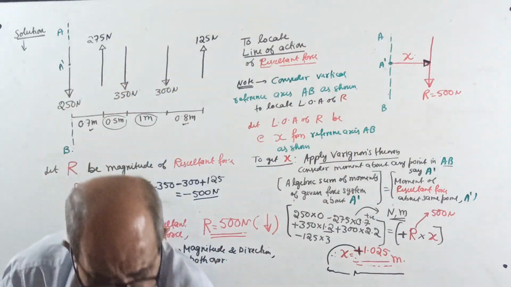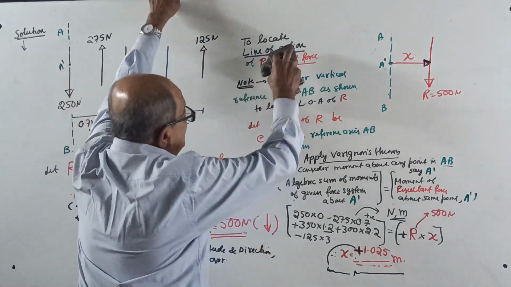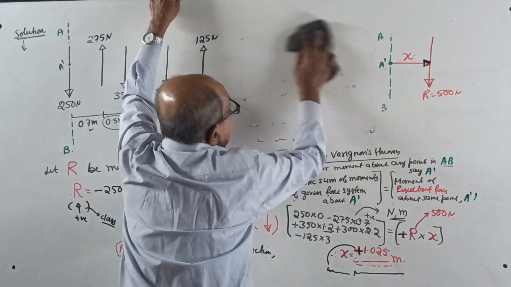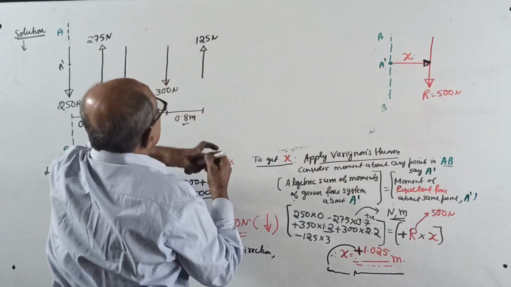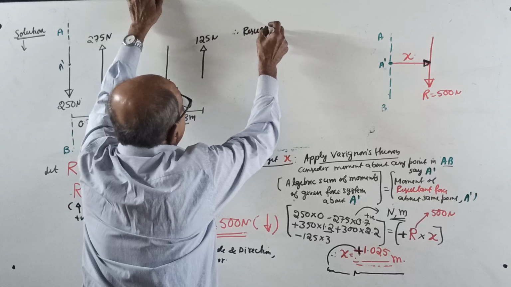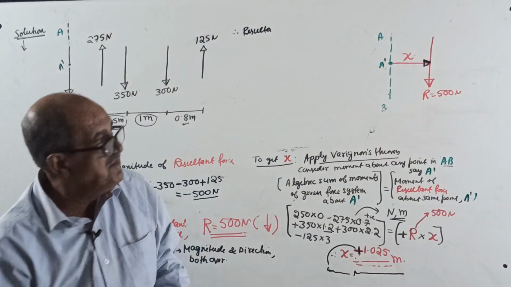Therefore, I will represent the resultant systematically somewhere here. Now these are all not required. Therefore, I write here, resultant, red color. Why? Resultant is always red color, I am sticking to the same format.